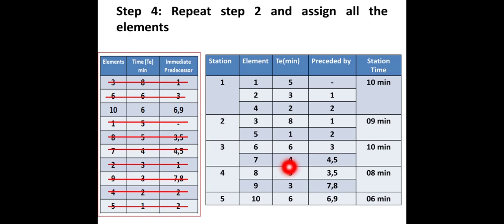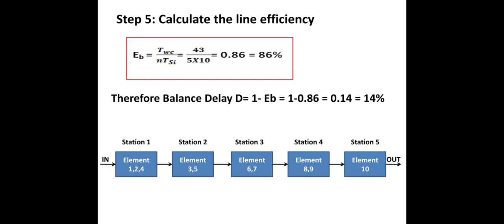So it will become 43, and N is nothing but the number of stations. We have found it as 5. TSI is nothing but cycle time, which is given in the problem. So you will get 86% as the line efficiency.